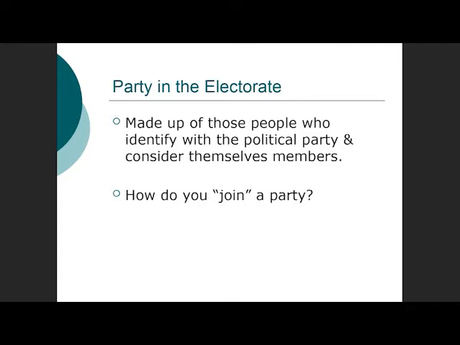There's nothing official, nothing on paper. You don't say I'm a member, right? I assert or I have to fill out this affidavit saying I'm a member of this party. Membership in Texas of the political party is just a psychological identification that occurs in your head, right?